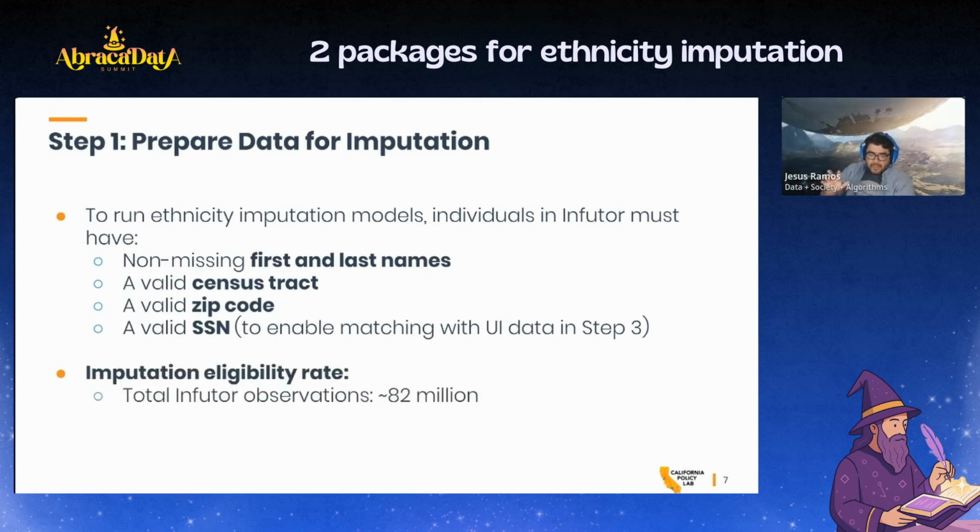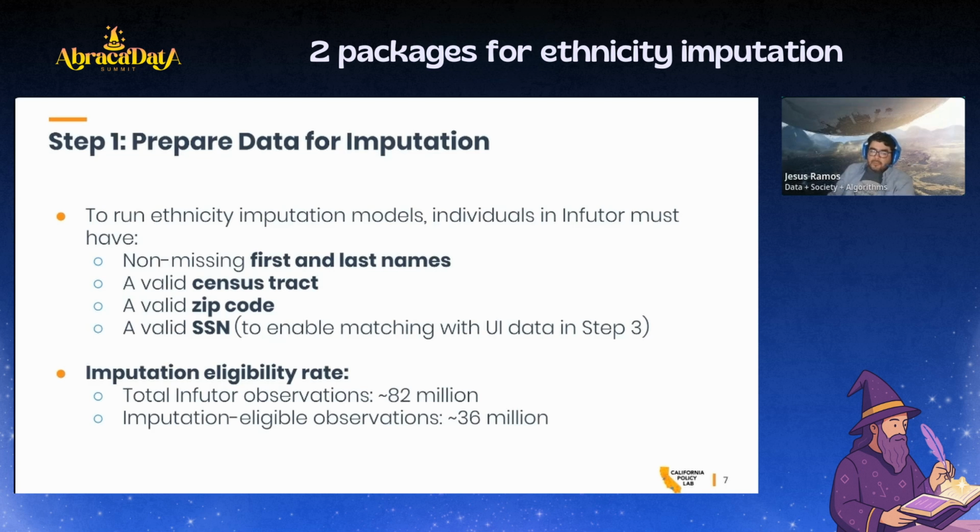We're going to cover that in a bit, but for now, the entirety of the Imputer database consists of 82 million rows. Now, when we clean first name, last name, census tract, zip code, etc., we only ended up with 36 million. So the rest didn't have a valid census tract, or had a null zip code, or maybe first and last names that couldn't be cleaned.